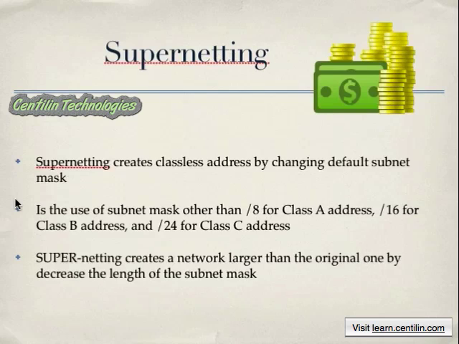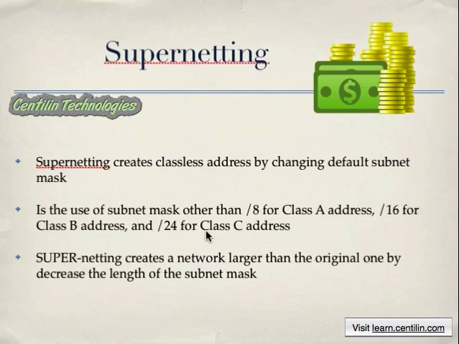On the other hand, supernetting is the increase of the amount of addresses you can use in a network by decreasing its subnet mask. So, again, we have /8 for Class A, /16 for Class B, and /24 for Class C. By making the CIDR value smaller and smaller, we get more host addresses.